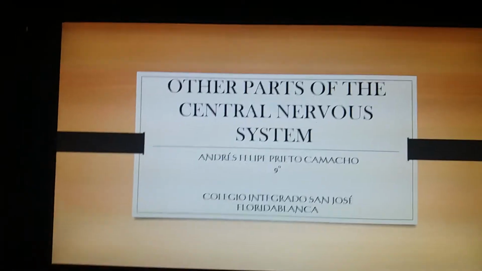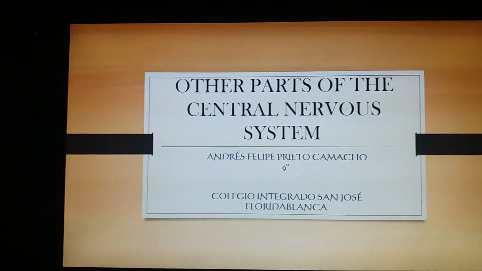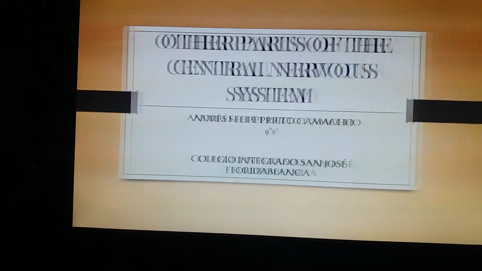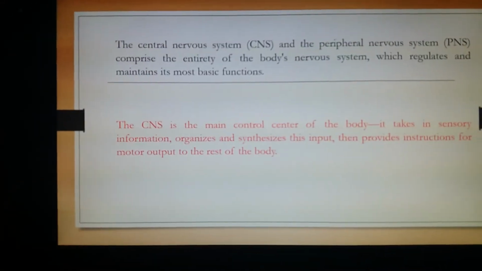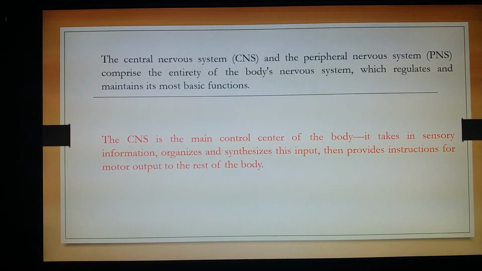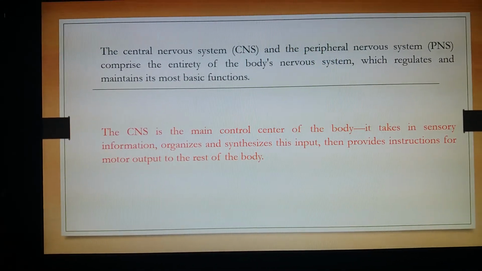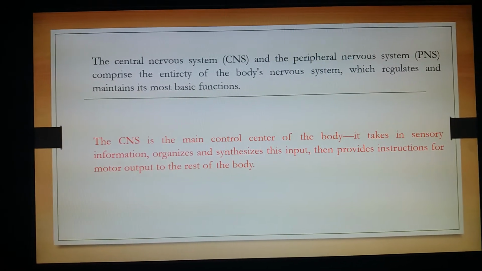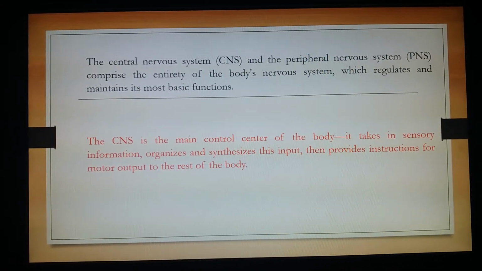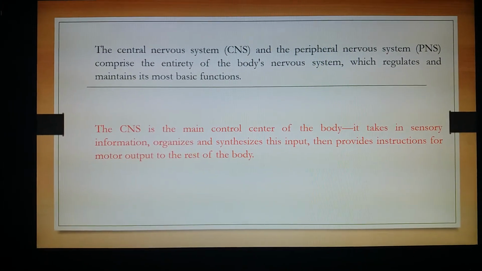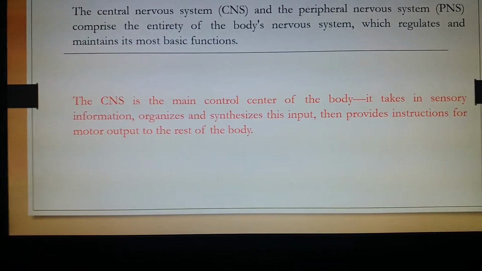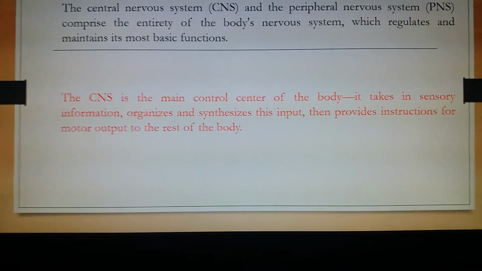Today I am going to talk about other parts of the nervous system. The central nervous system is the main control center of the body.